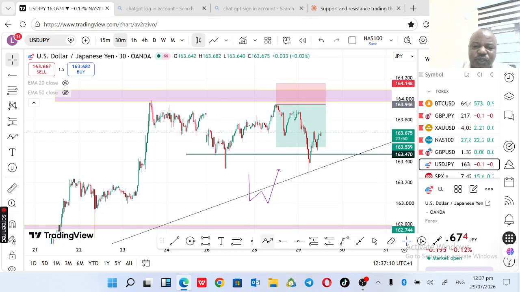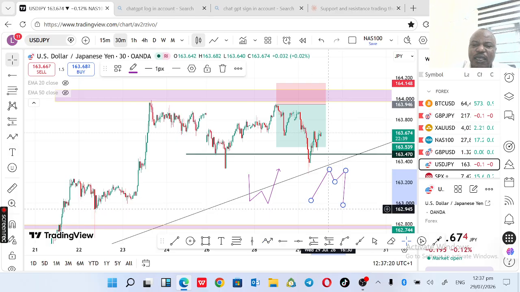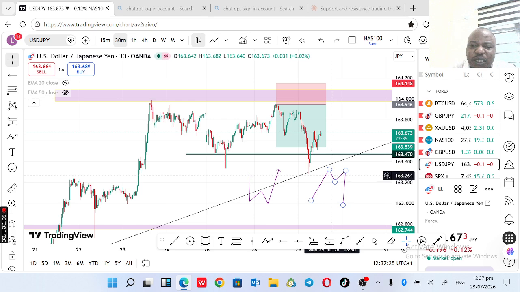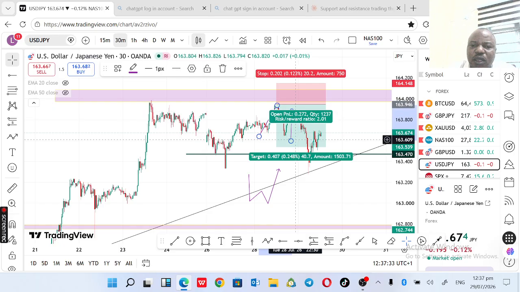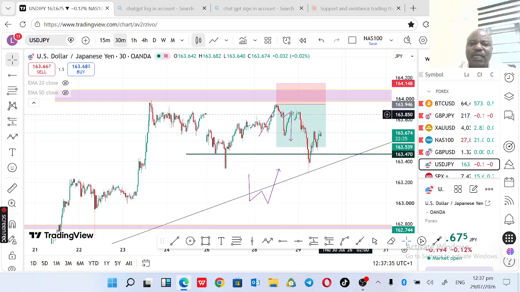Then I also use my M pattern for my sell formation. So if you look at this, it automatically shows that this is an M pattern. Look at it. So this is an M pattern.